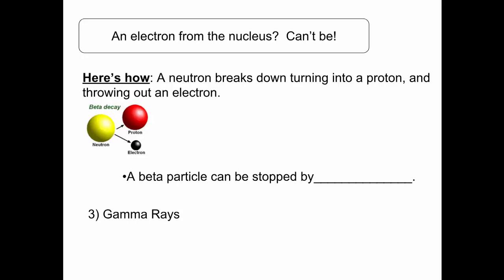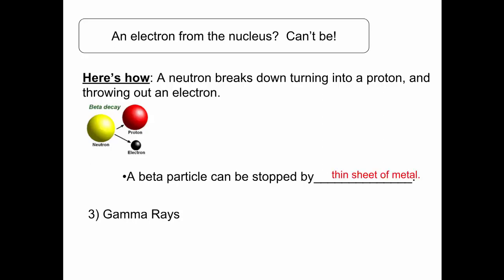Because the neutron, what kind of charge does it have? Neutral. It releases an electron, which is a negative charge. So what does it become? A positively charged proton. So that's how you can get an electron out of the nucleus. A neutron becomes a proton.